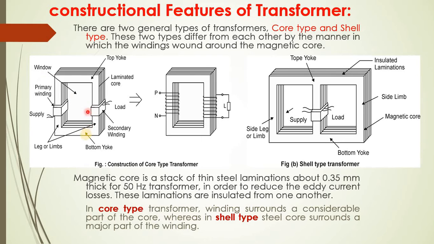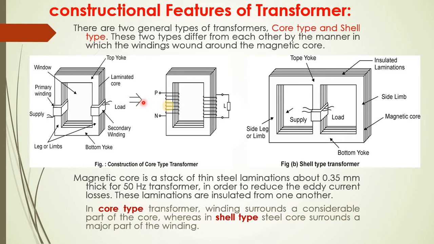This inner portion is called the window of the transformer core. These are the legs or limbs of the transformer. Then this is a laminated core. This is the primary winding, this is the secondary winding. Here are the top yoke and bottom yoke. Supply is given to this primary winding and the connection of the secondary winding is given to the load.